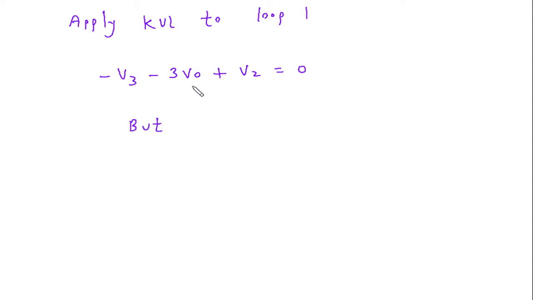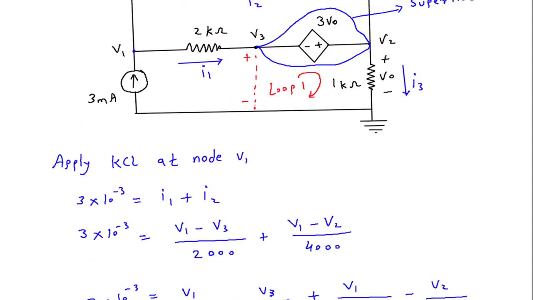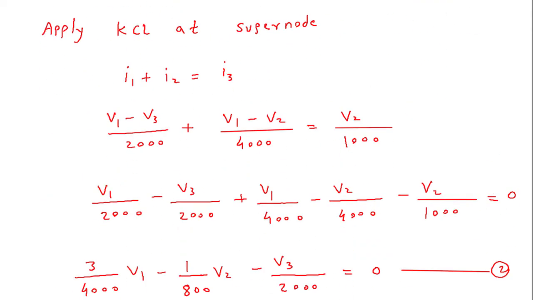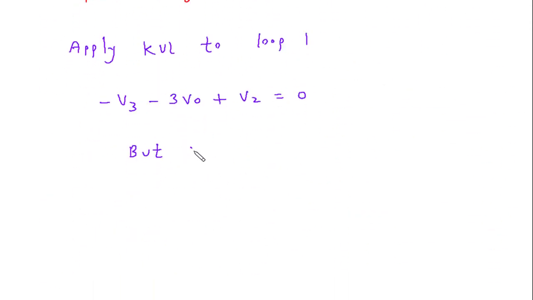But this VO is equal to V2, because this is connected to ground. Therefore minus V3 minus 3 V2 plus V2 is equal to 0.